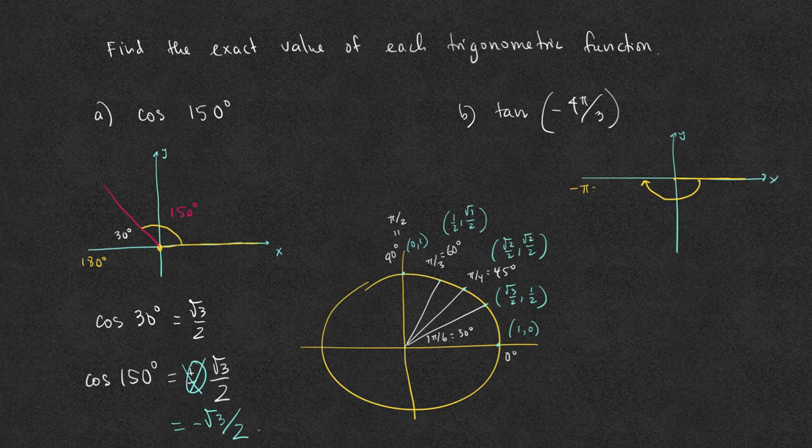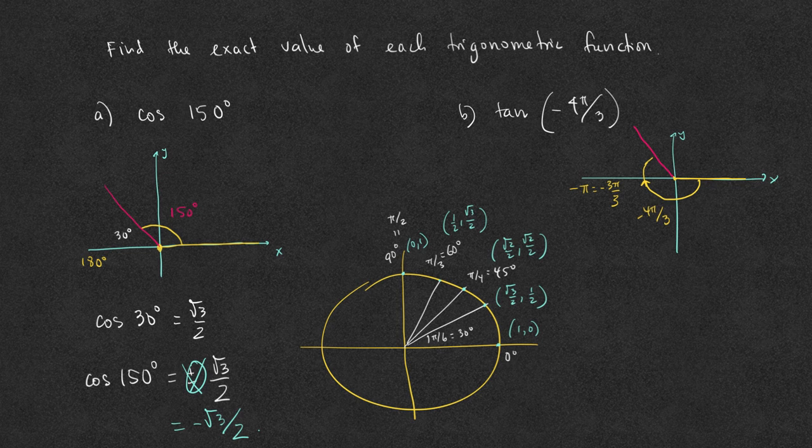So this is negative pi or negative 3 pi over 3. And we would need to go another pi over 3. And so we stop somewhere here because this quarter is pi over 2. But we only need to go another pi over 3. This angle is negative 4 pi over 3 going clockwise.